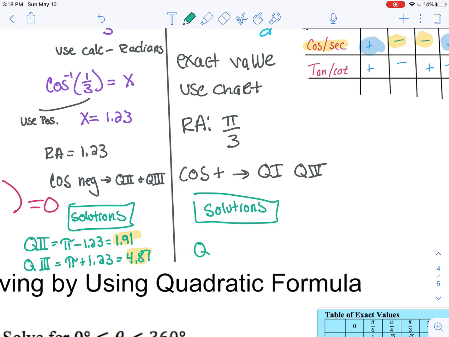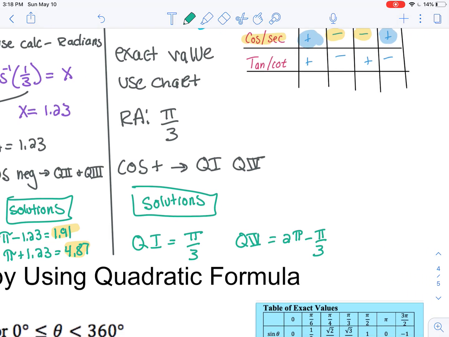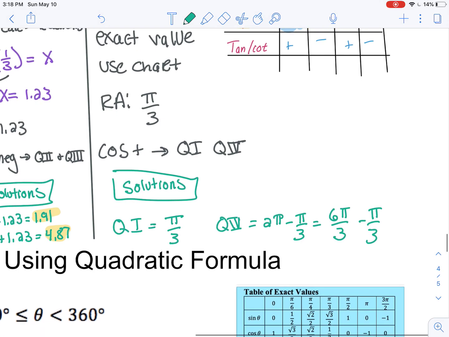My quadrant 1 solution will just be pi over 3, my first quadrant angle. And my quadrant 4 solution will be 2 pi minus pi over 3, which is really 6 pi over 3 minus pi over 3. And so I'm going to get an answer of 5 pi over 3. So I have my two other solutions here.